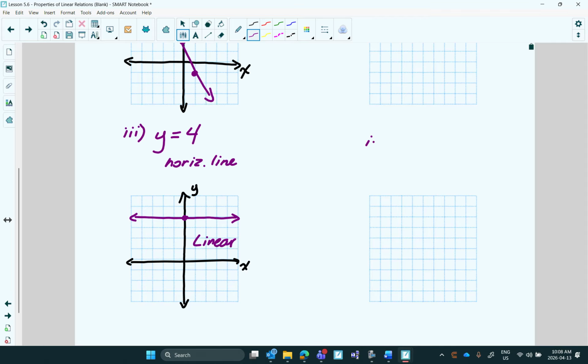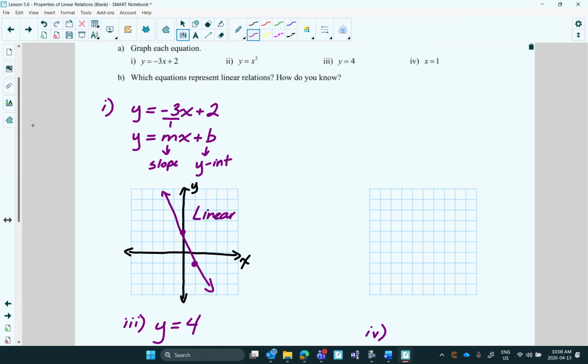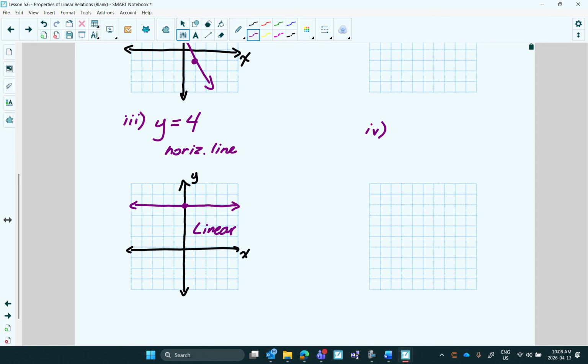And then 4, which is x equals 1. Oh, you got this one.